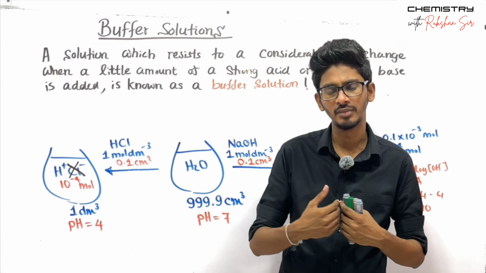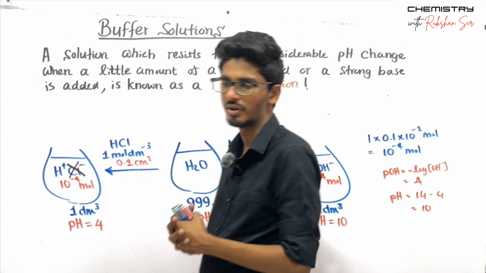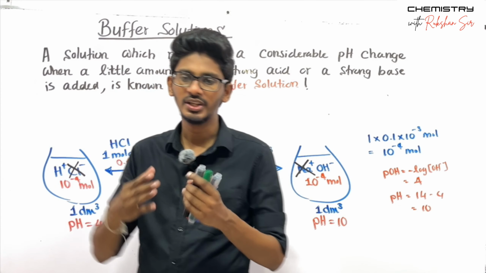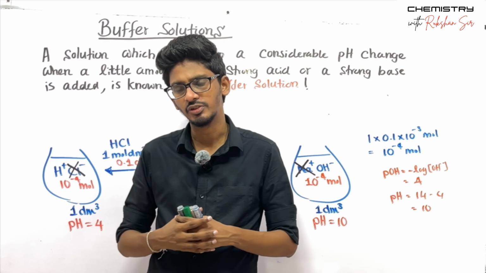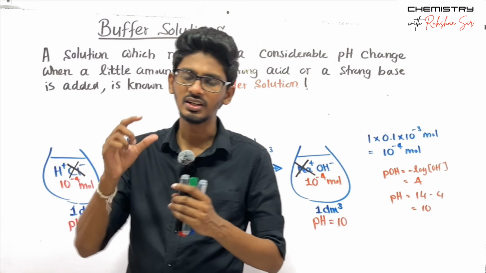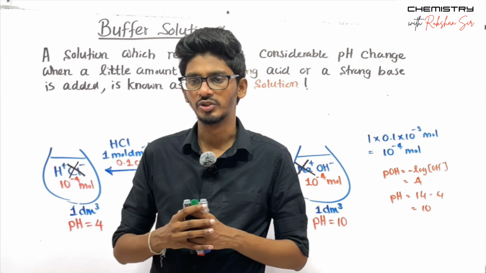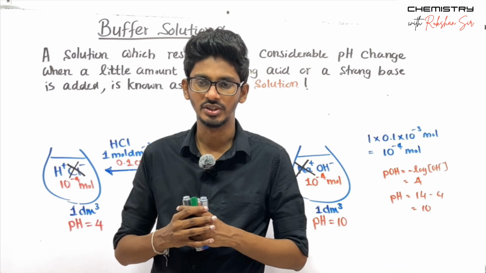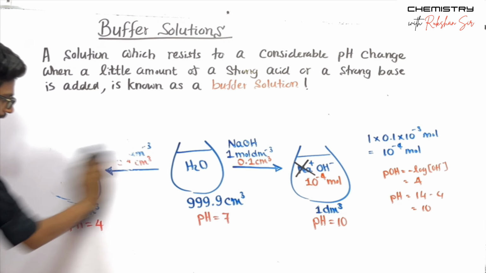If you are to add some little amount of strong acid to, let's say, a buffer solution with pH 9, there very little drop will occur. Ultimately, it will give you 8.98 kind of a pH. Very little drop will occur if you add some strong acid or a strong base to a buffer solution. Let's consider them and discuss them today, right? Those are the buffer solutions, right?